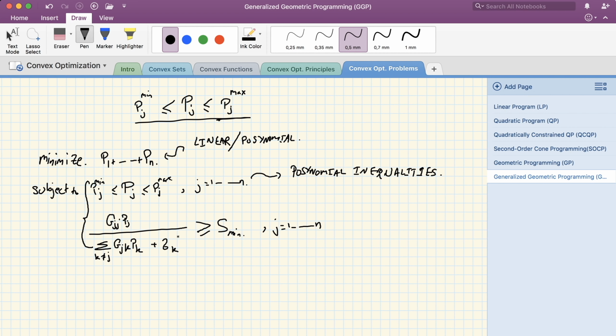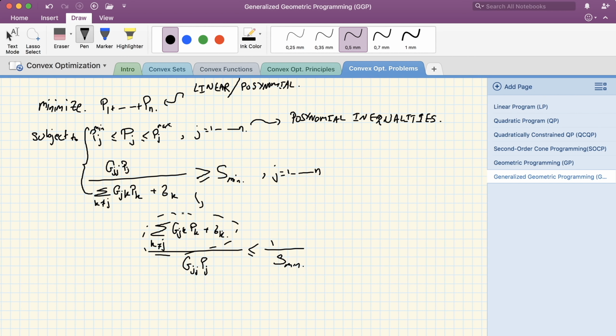Now, the last inequality is a bit tricky. You might not get it at first, but it's okay. We've got a polynomial in the denominator and a monomial in the numerator, right? What could be done here? Usually, a trick for that would be to take the reciprocal on both sides. So this is the equivalent of 1 over, less than 1 over. So you get the sum of Gjk Pk plus sigma, over Gjj Pj, is less than 1 over S min. This is a polynomial, and this is a monomial.